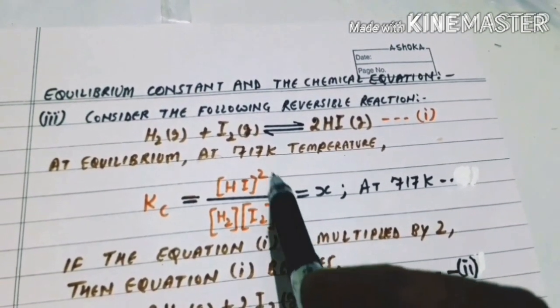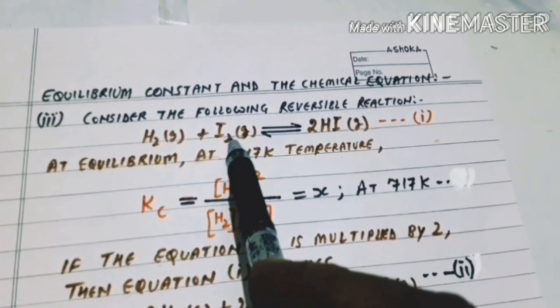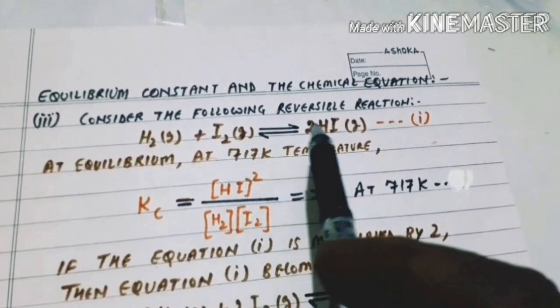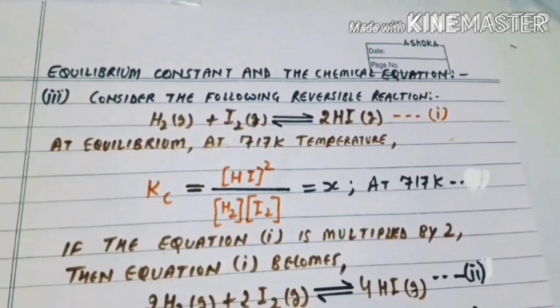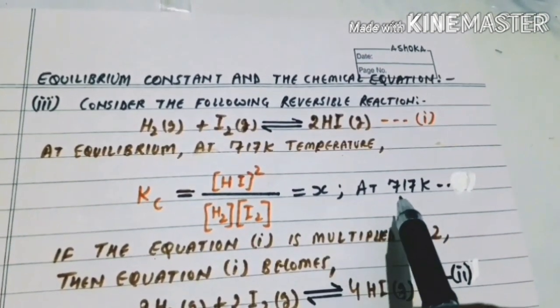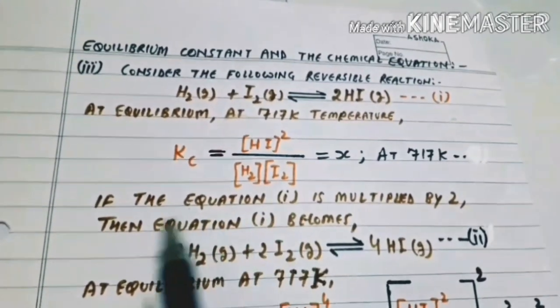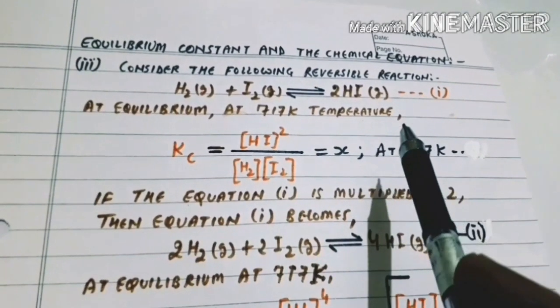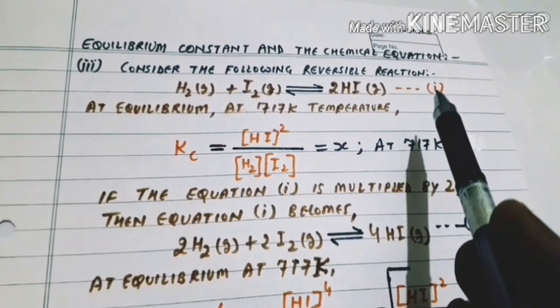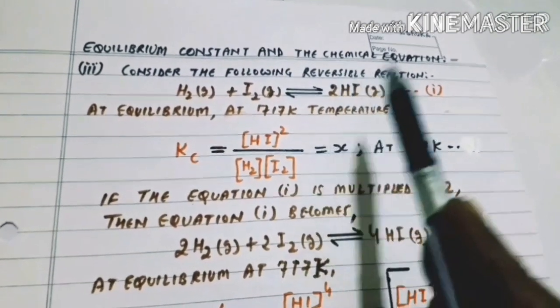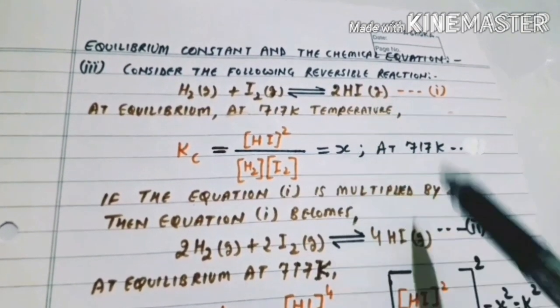So here power 1 is the stoichiometric coefficient of iodine gas reactant in the balanced chemical equation 1 at a particular temperature, 717 Kelvin.